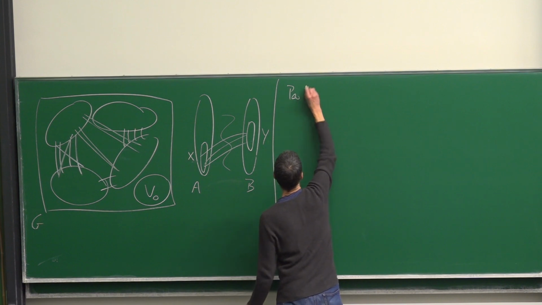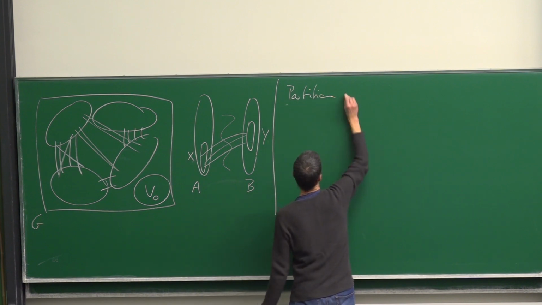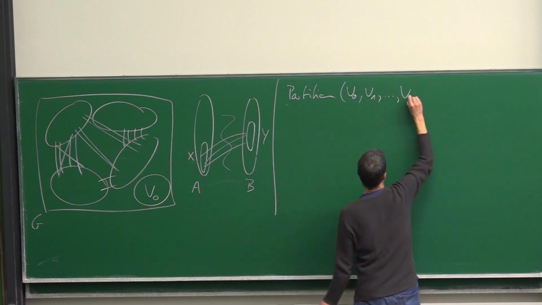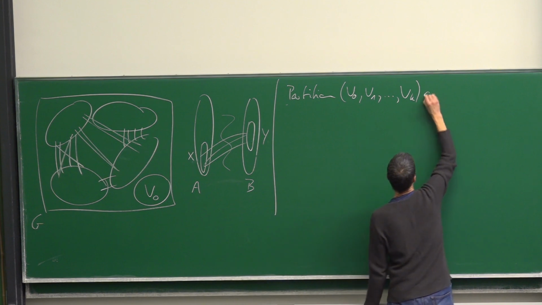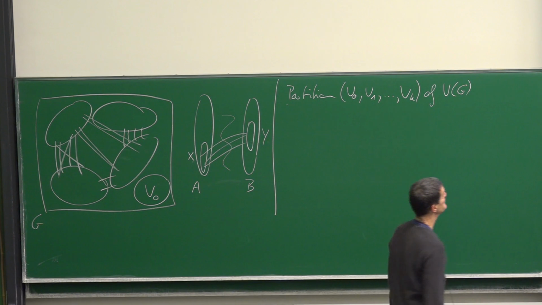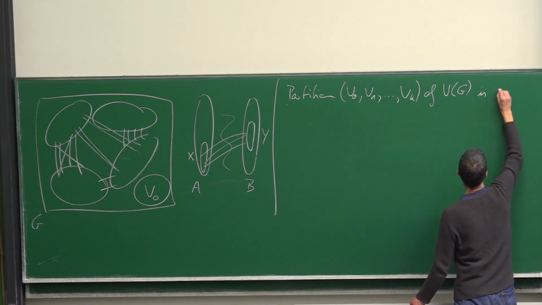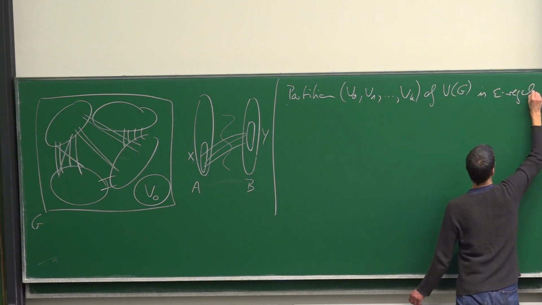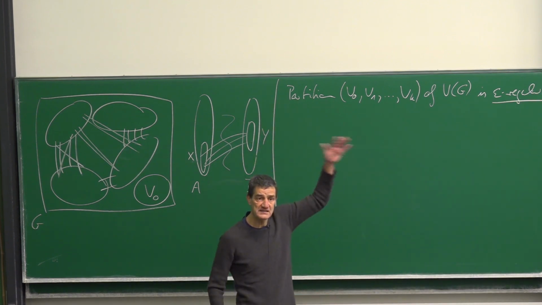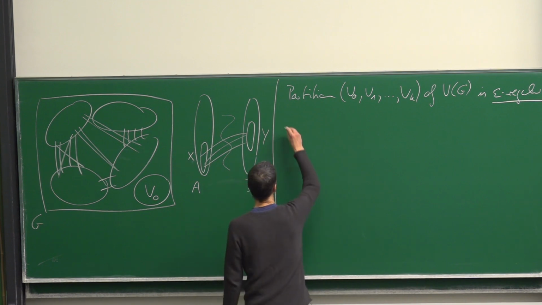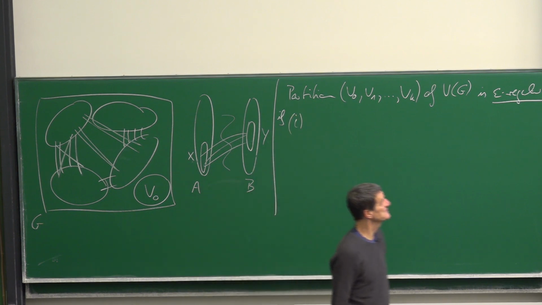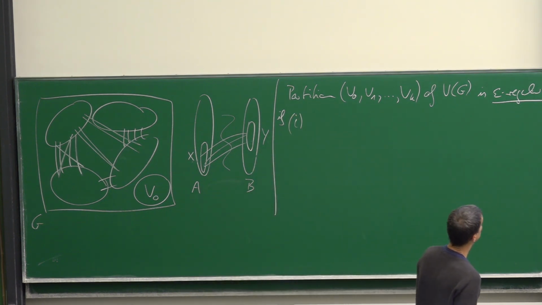So a partition V0, V1, ..., Vk of the vertex set of our graph G is epsilon regular for our fixed given epsilon if a few things are satisfied.